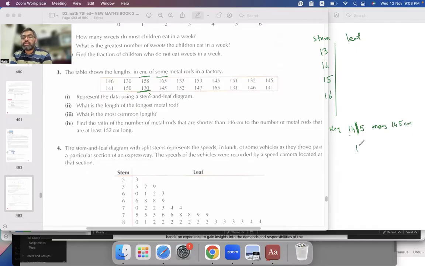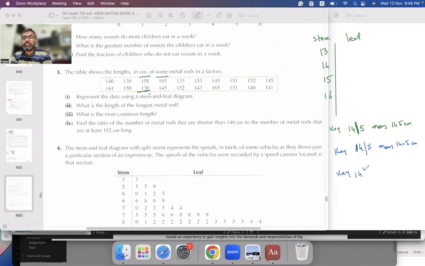If we define something different, for example in blue ink, 14 bar 5 could mean 14.5 in a different problem. So it is important to define this key so we understand what data we have.